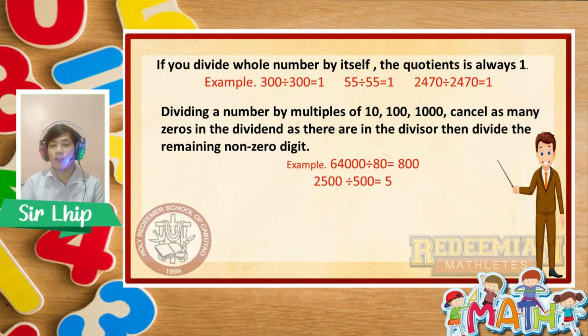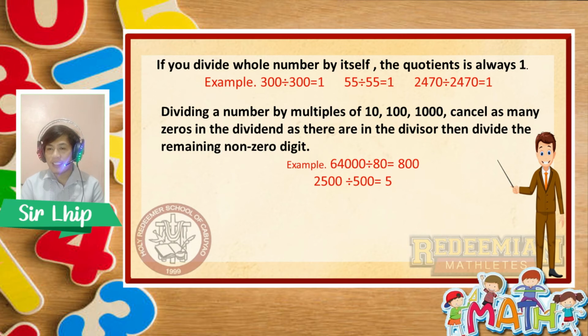Then again, dividing a number by multiples of 10, 100, 1,000: cancel as many zeros in the dividend as there are in the divisor. Then divide the remaining non-zero digits. For example, 64,000 divided by 80. Just see how many zeros are there in the divisor; that is also the number of zeros that you need to cancel in the dividend.